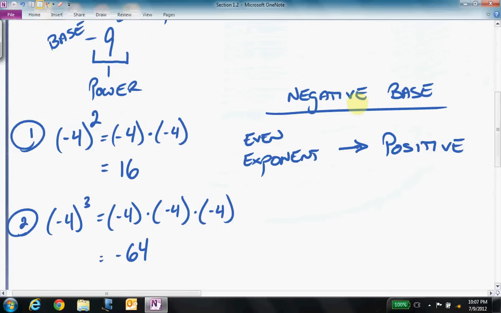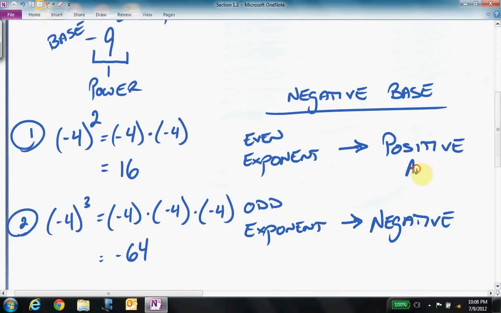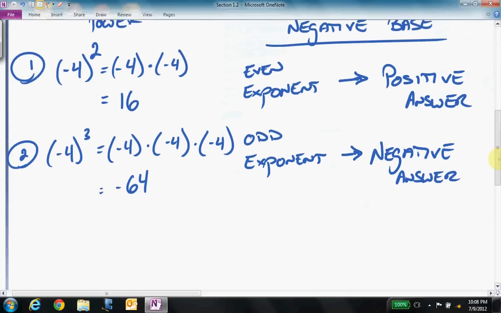And whenever you have a negative base and you have an odd exponent, you are always going to have a negative answer. So we have a positive answer here and a negative answer. So that's a nice little way to remember that. Alright, just a little trick.